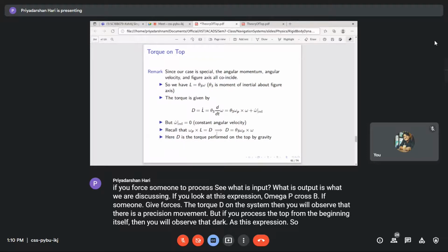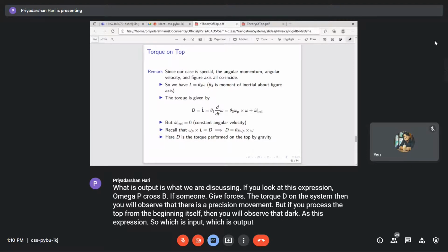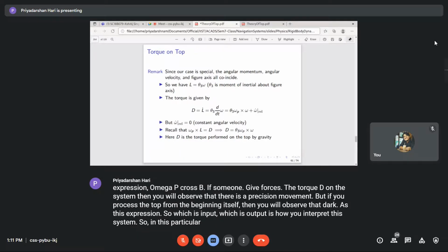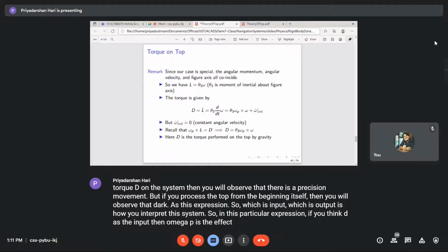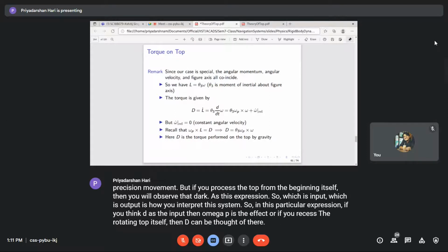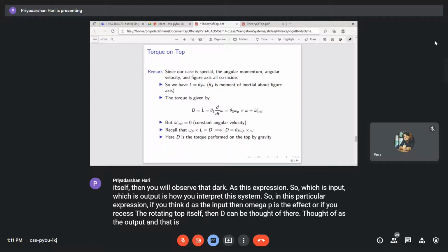Which is input and which is output depends on how you interpret this system. If you think of D as the input, then omega p is the effect. Or if you precess the rotating top itself, then D can be thought of as the output, and that is precisely what we see in gyroscopes and other devices.